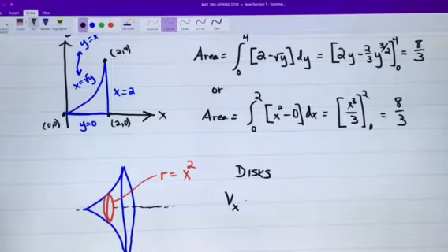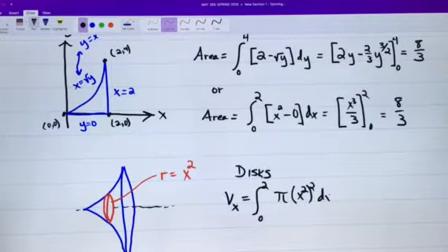So we have for the volume generated about the x-axis, I'm going from x is equal to 0 to x is equal to 2. And we have pi times the square of the radius. The radius is x squared, and squaring even further, we're looking at pi times x to the fourth.